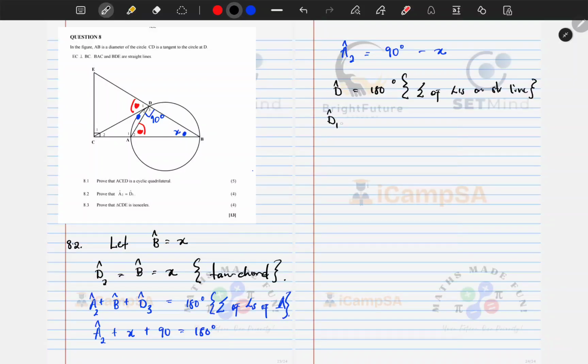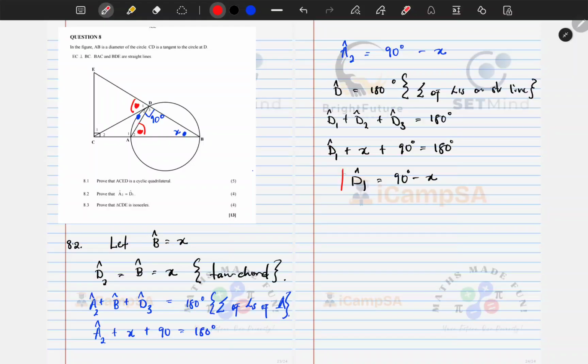So D1 plus D2 plus D3 equals 180. D1 is what we are looking for. We have D2, which is X, and D3, which is 90. So D1 is going to be 90 minus X as well.